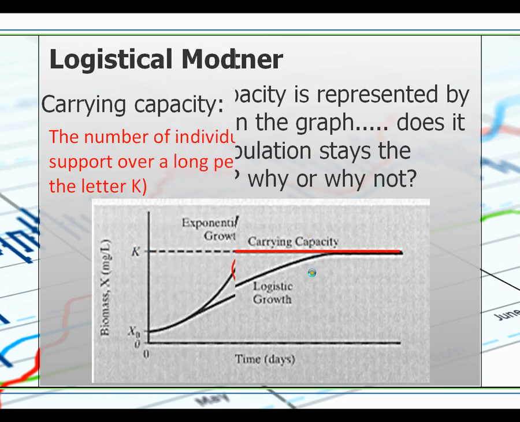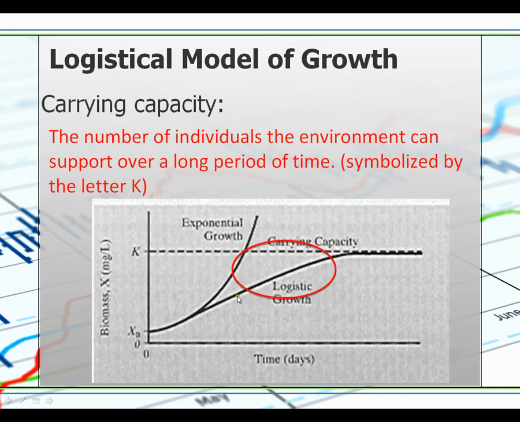Let's go back. The reason for that is competition. Even here, as the population grows, the organisms start to compete with each other for resources. They start to compete for mates. They start to compete for living space.